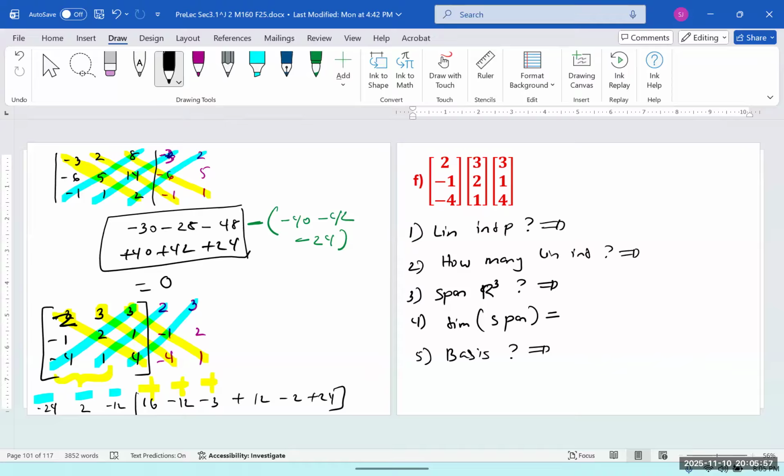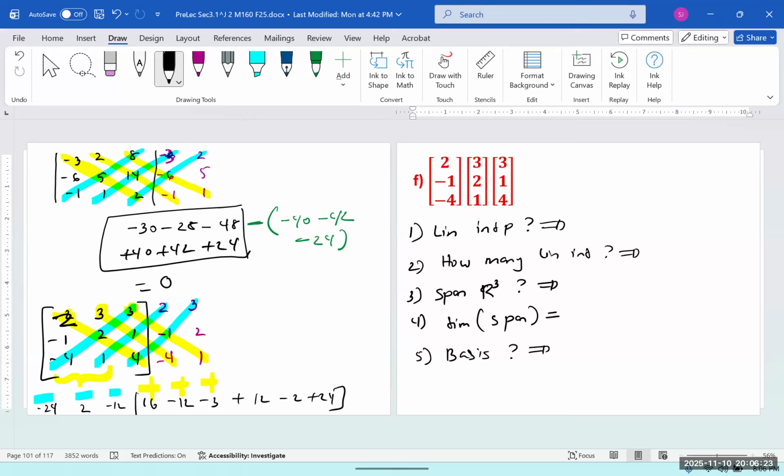Too much work, look at what I did for the next one. So the next one you cancel out, or you're going column wise, row wise, sorry. If you're going row wise, then it should be plus minus plus. It should be on the top. So +2 times determinant of this 2 by 2. -3 times the determinant of this. Then +3 times determinant of that.